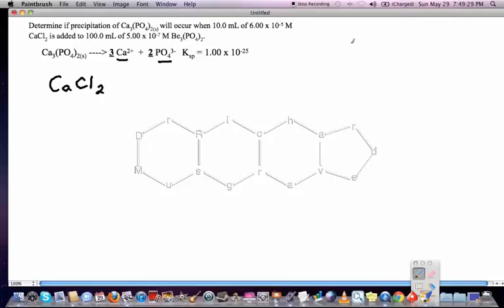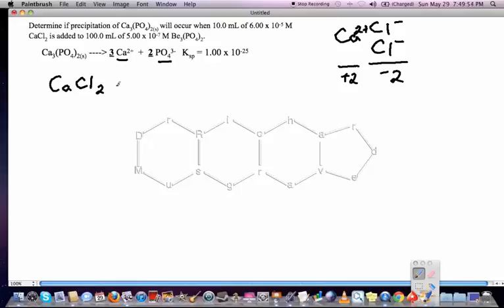Now calcium chloride, if I draw a picture of it, looks like this. It's Ca and two Cl's, and we know that Cl has a negative charge. That means the total charge on the negative side is negative 2, which means the total positive charge will be positive 2 on this side, which gives us a 2+ charge on the calcium.